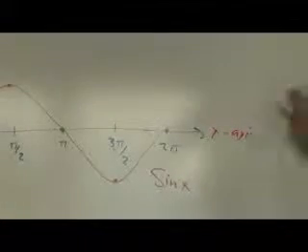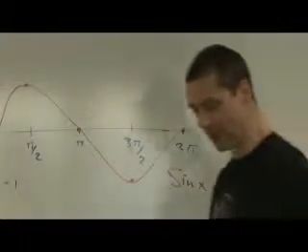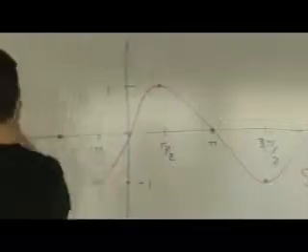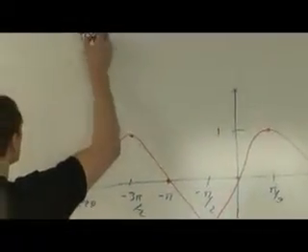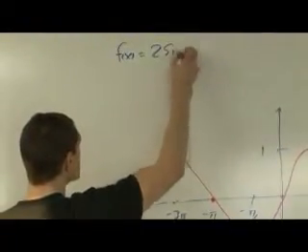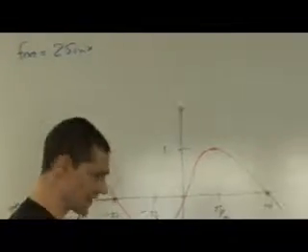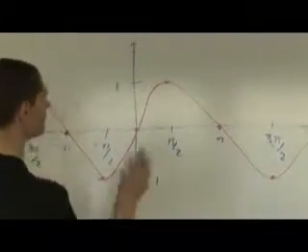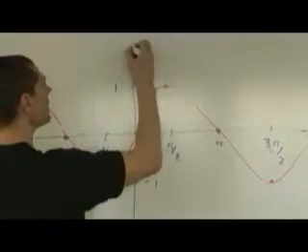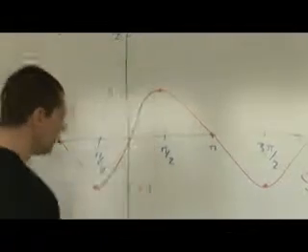Okay, so what would happen if you multiplied this function by 2? So if f of x equals 2 sine x, what happens to this? Well, for every value, sine 0 stays the same. I guess we'll do this one in green. And I suppose I better put some numbers up here because I'm going to need them. We'll call this 2.